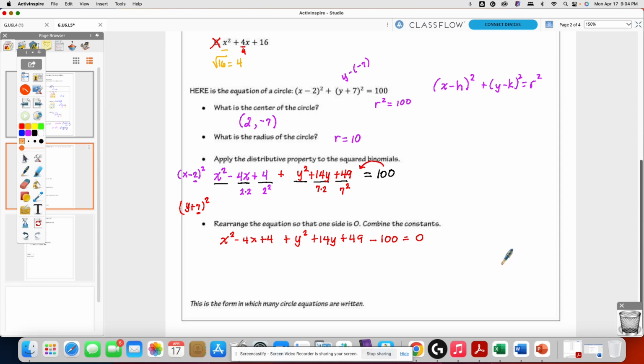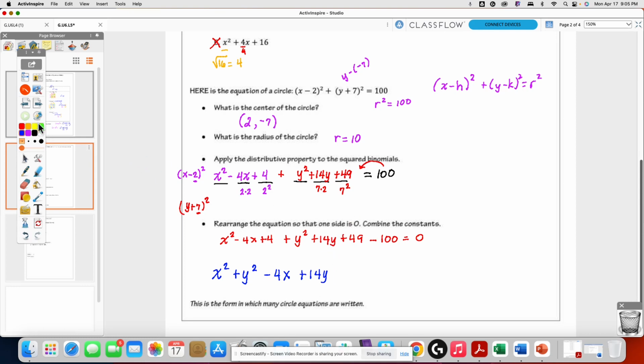Now, let's rearrange this some more because I want you to see how the general equation for the circle is written. And it's written this way. So we start with the x squared, followed by the y squared, and then back to negative 4x, and then the 14y. Okay?